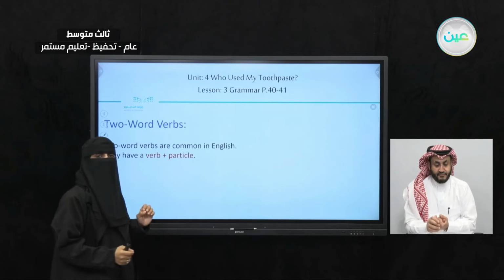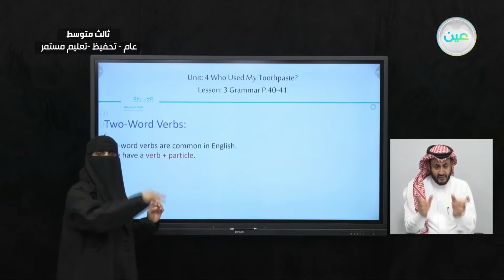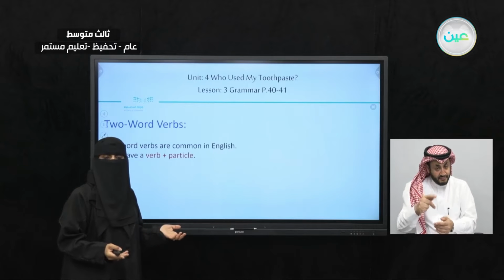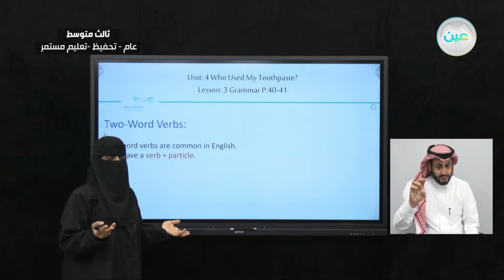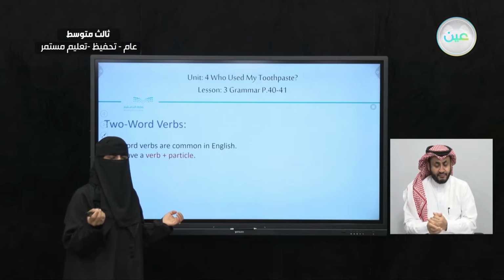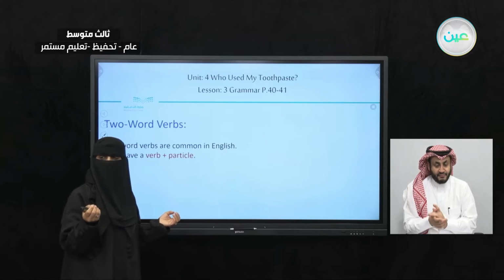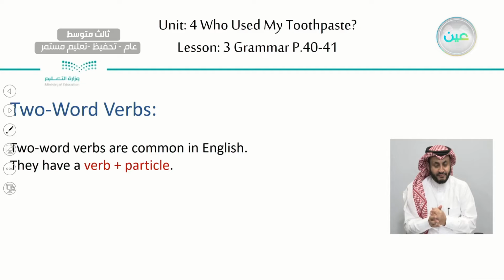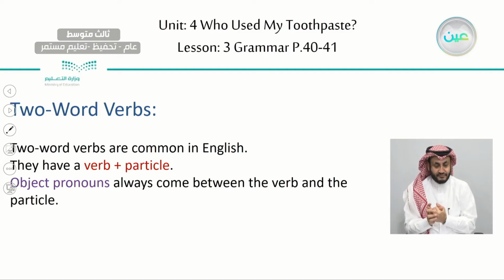You can say stand up, sit down. The particle can either be a pronoun, what do we call it? Like on, in, down. This is how we form it, like drive away, okay?